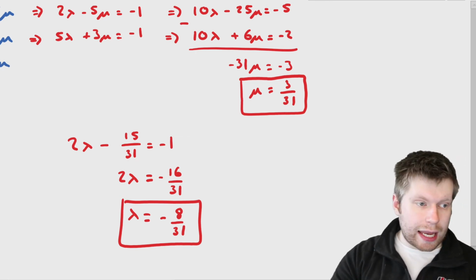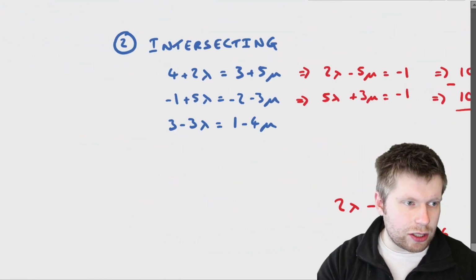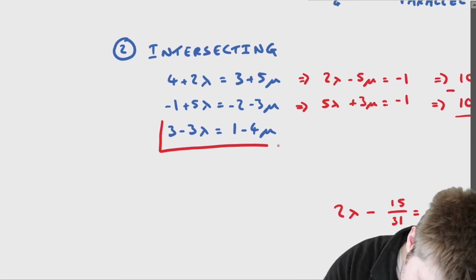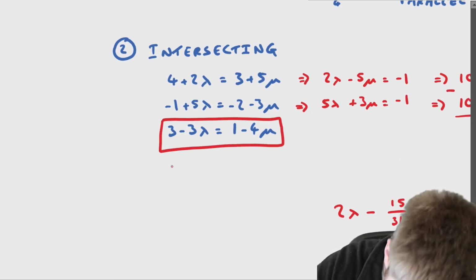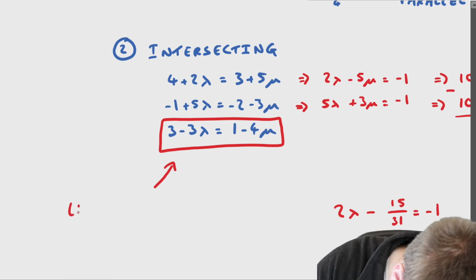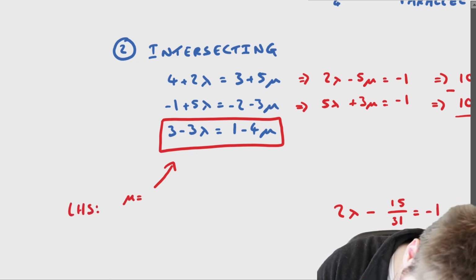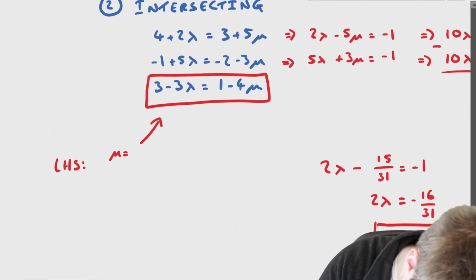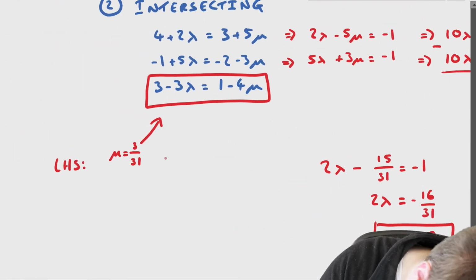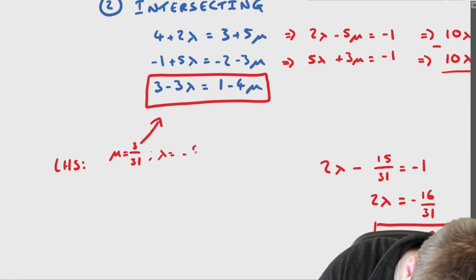Now let's just quickly check in my last equation, in other words, the one that I didn't use up here, this one here, to see whether mu and lambda are consistent. Mu was equal to 3 over 31 and lambda was equal to negative 8 over 31.